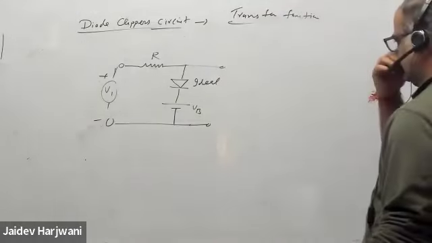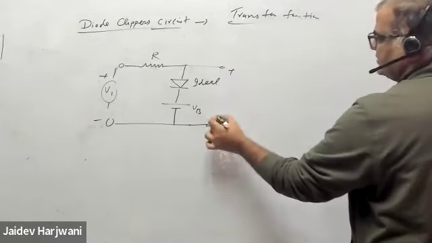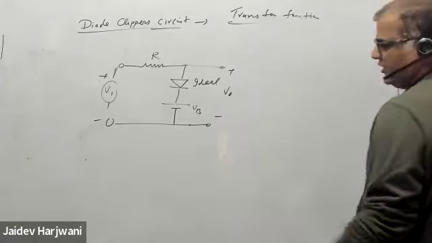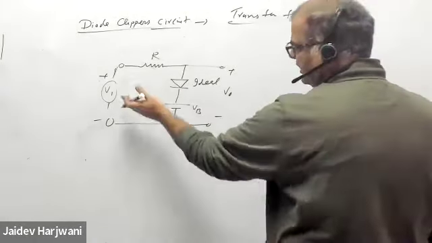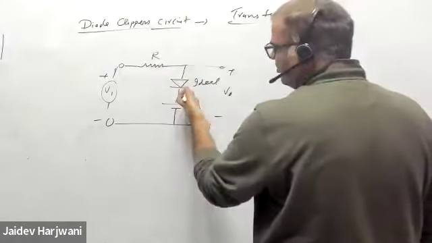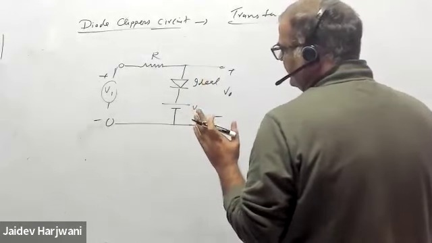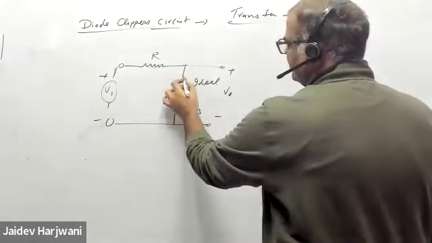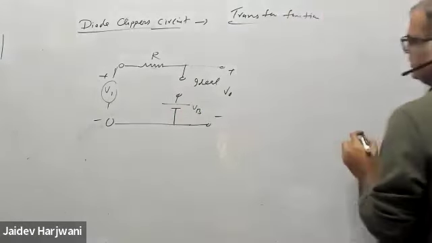Okay, plus minus V naught. This diode is already reverse biased by the battery. So for anything positive, it will always be open.